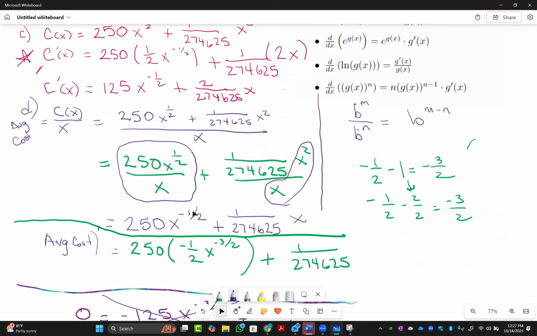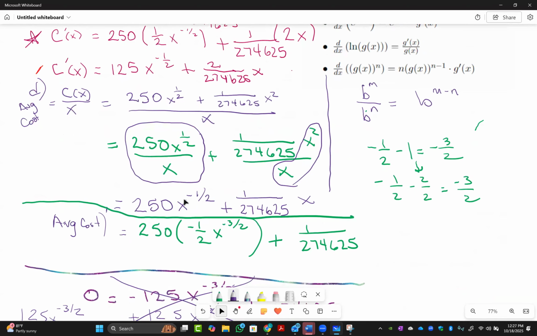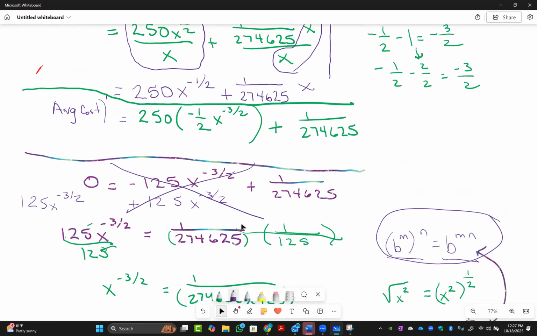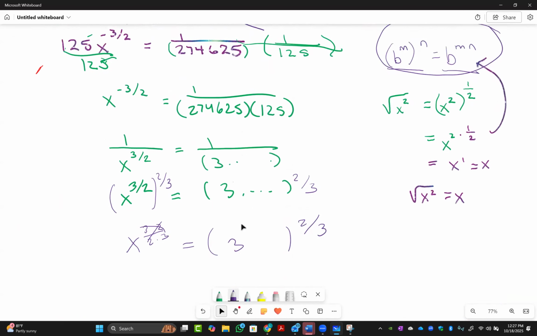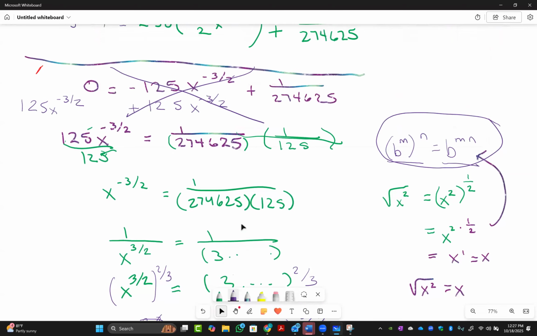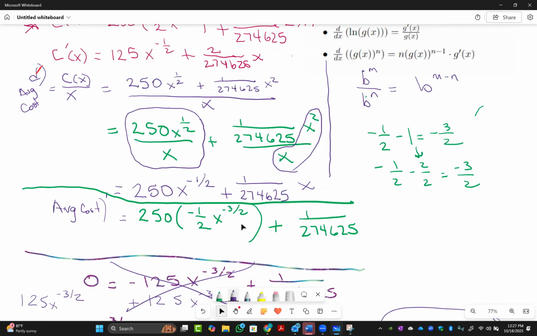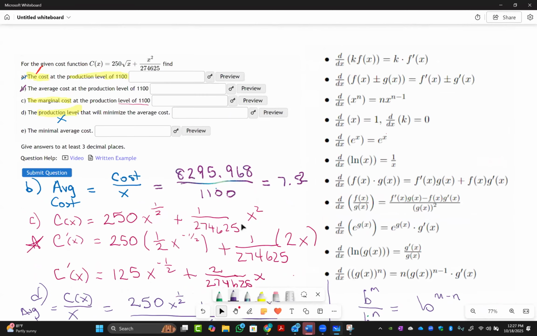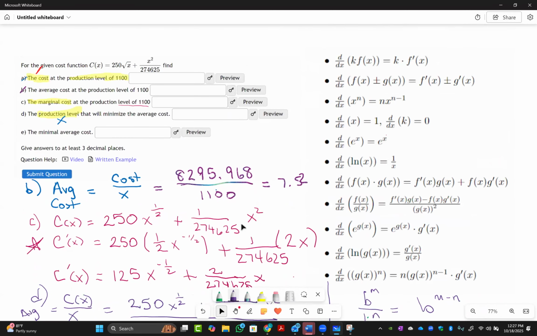Here we just simplified that C of X over X. Then we took the derivative, we set it equal to 0, and we're just solving for X. I was just trying to remember what algebra we did. It looks worse than it is, but the system is: if we want to minimize or maximize something, we find the function, we take the derivative, we set it equal to 0 and solve for X. It's always going to be the same. Just finding the equation is usually the hardest part.